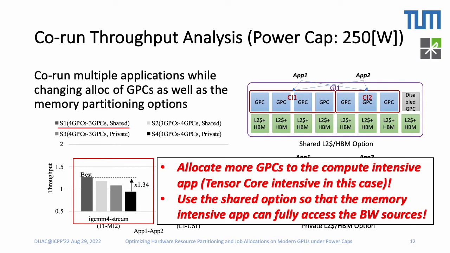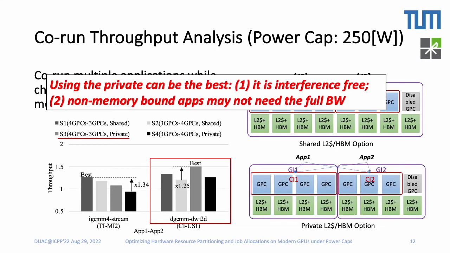And in this case, we mixed a compute intensive application and a memory intensive streaming application. In that case, allocating more GPCs to the compute intensive application is better, and using the shared memory option is better, so that the streaming application can access the full memory bandwidth resources. And in the case where there is no memory intensive application, private setups are better.